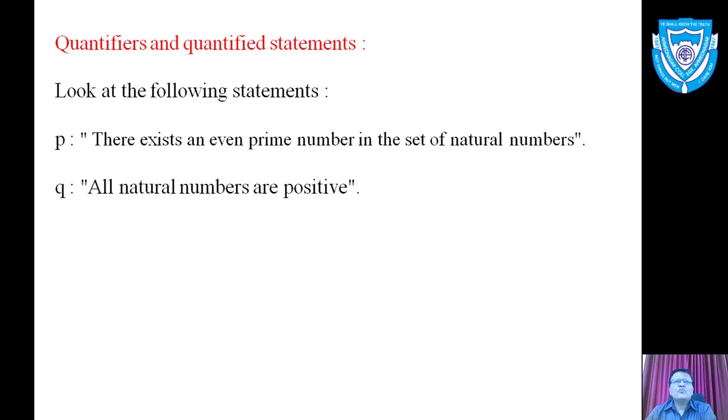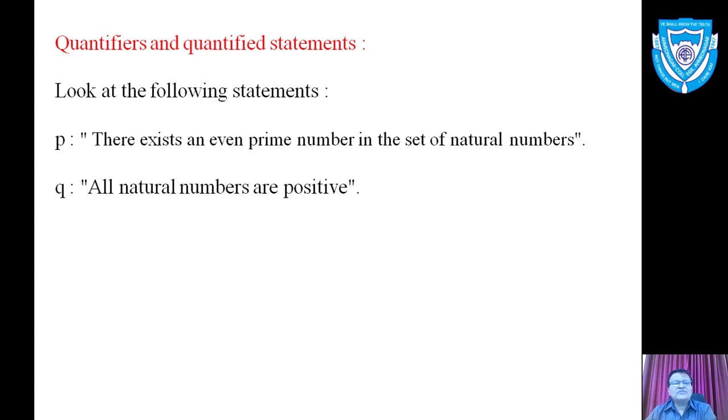So when we use these words, we talk about how much part of the domain satisfies the condition. For example, some people in Ahmednagar follow the rules of social distancing. So here some people means not all.